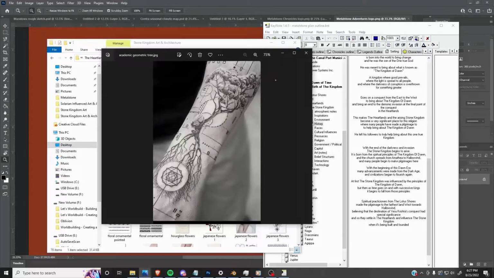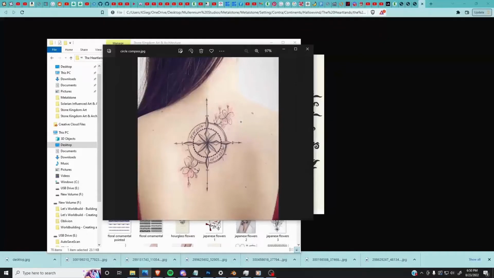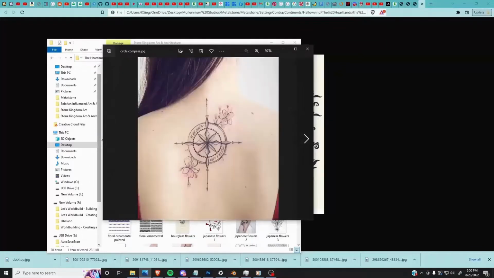So maybe you could also have this academic sort of art that's also like more on the mage's study type of things.